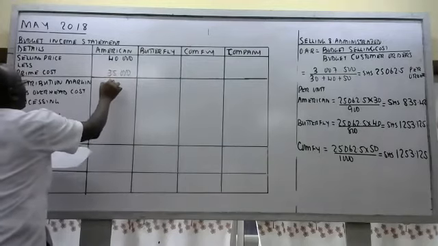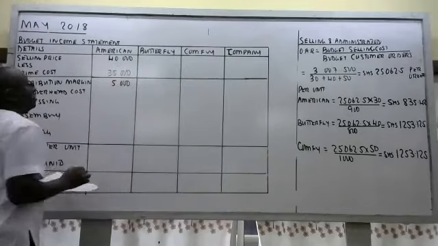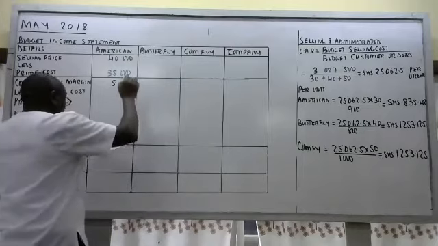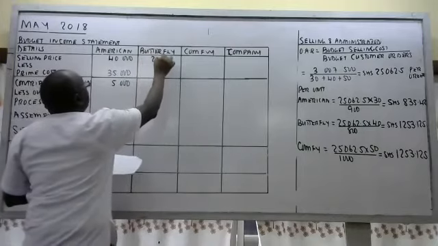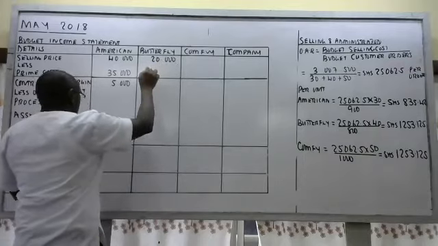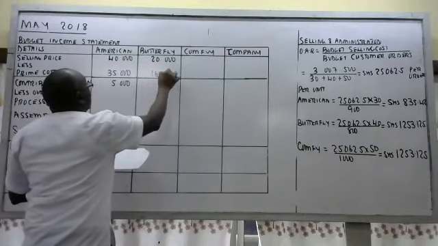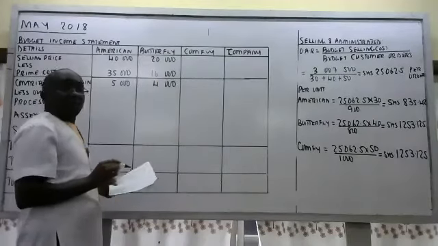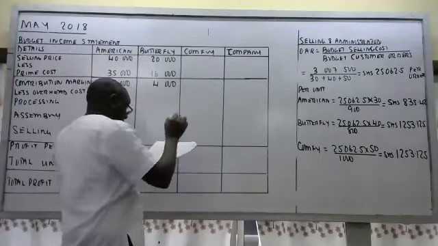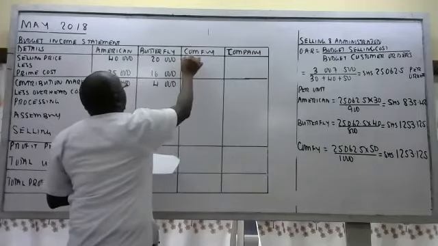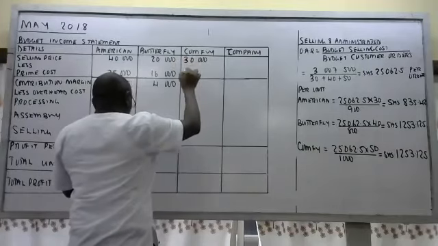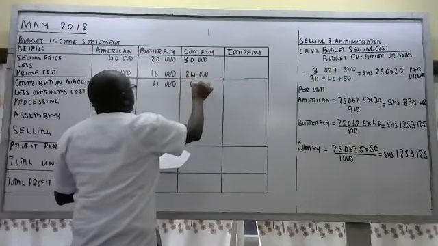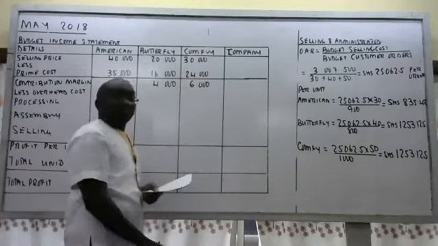So that gives us a contribution margin of 5,000. This other one has 20,000 with a prime cost of 16,000. So we get a contribution of 4,000. Next is 30,000 with a prime cost of 24,000. So that gives us 6,000.